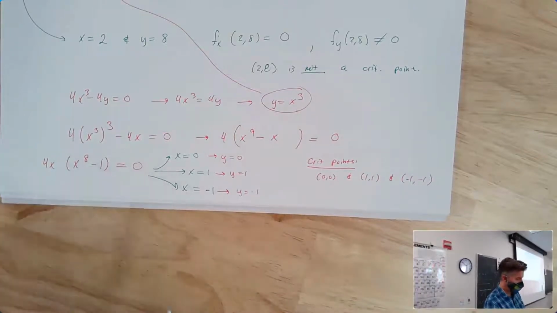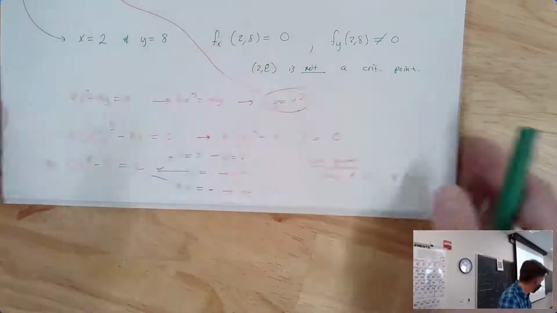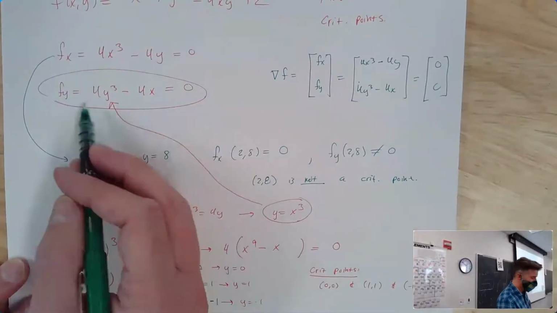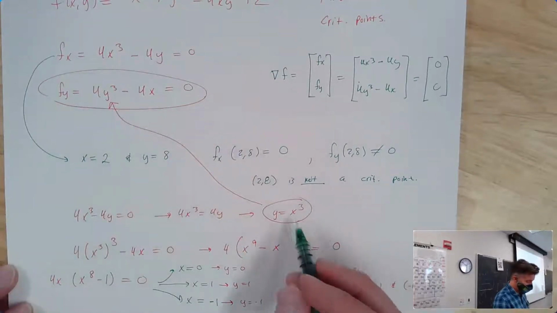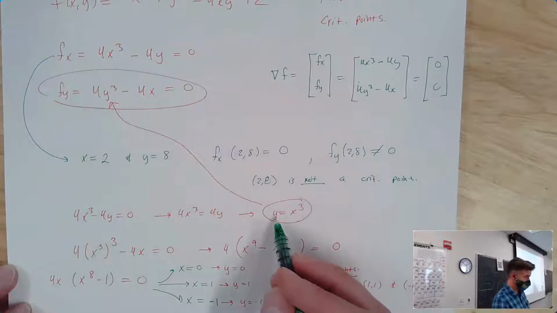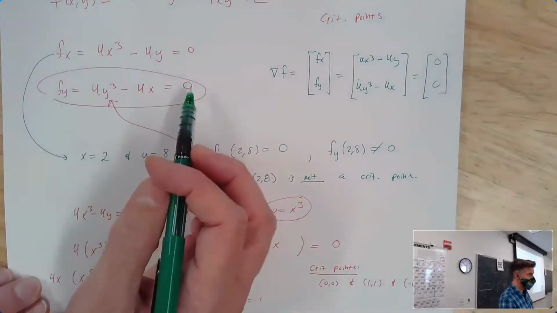This one is a little bit more challenging. We need this to equal 0. So that means if x is 2, y has to be 8. There's no other possibility if x is 2 for this one to be 0.